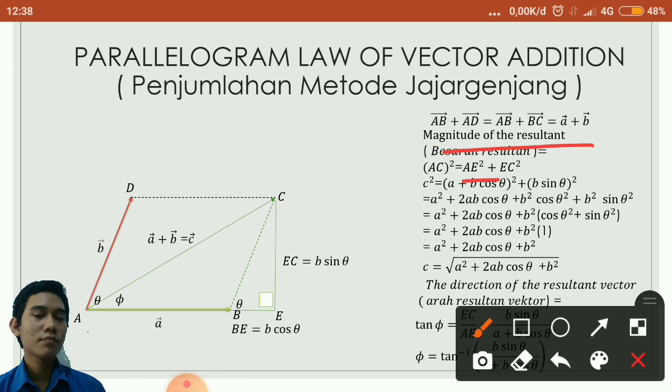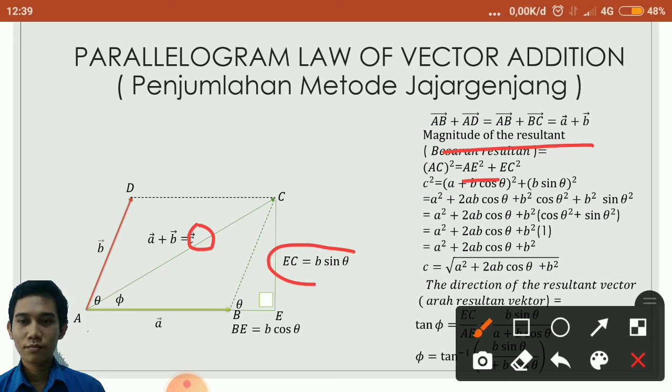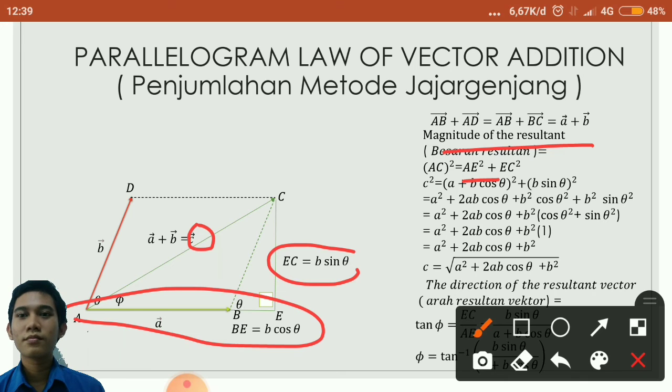We know that AC squared equals C squared, AC equals B sin theta, and AE equals A plus B cos theta.